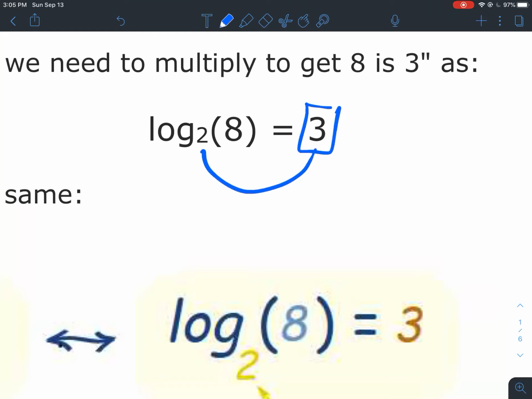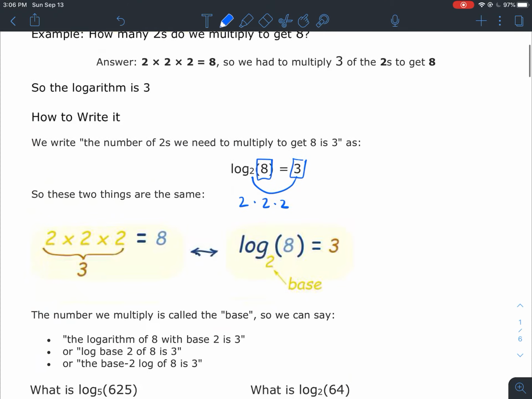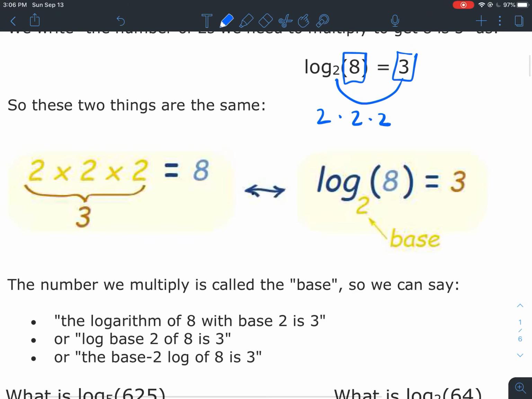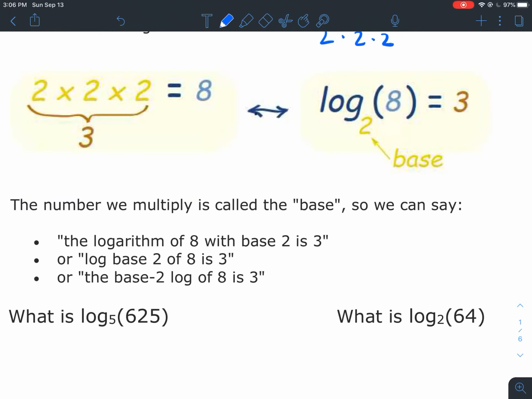What this means is that it's going to take 3 of these for us to get an 8, because 2 times 2 times 2 is going to give us an 8. Here they're just showing these two mean the same thing. Multiplying 2 3 times equals 8. Log base 2 of 8 is going to equal 3.